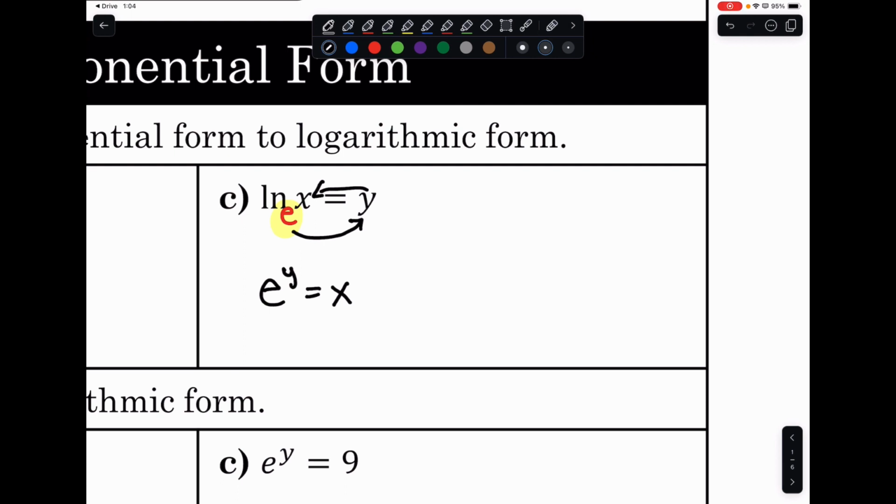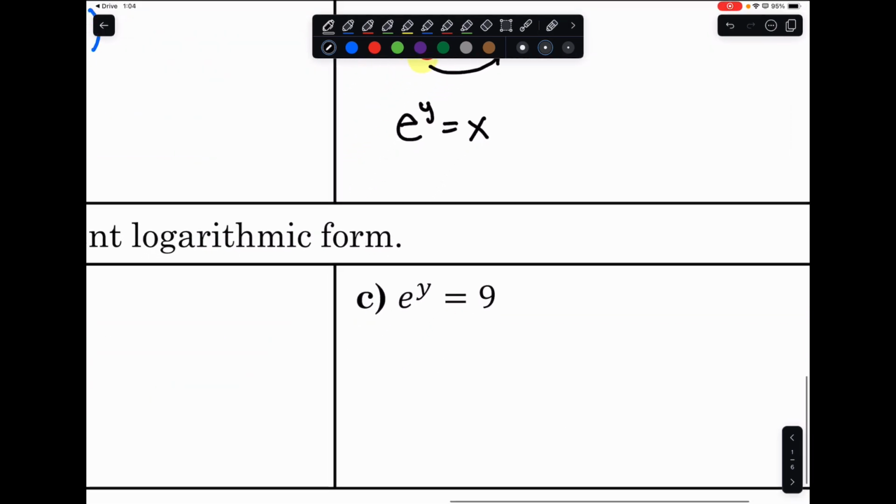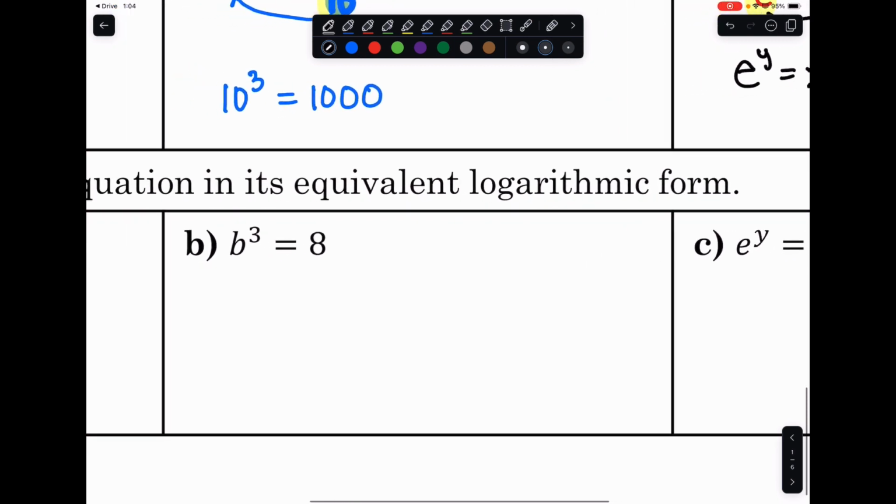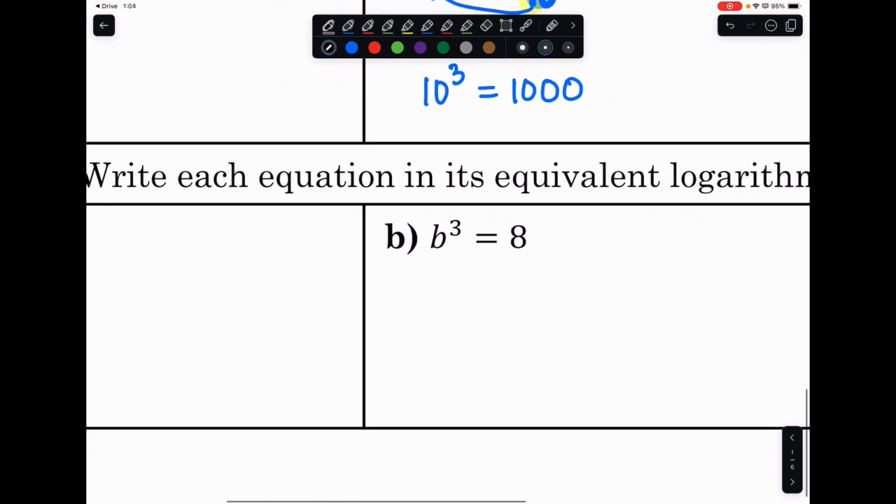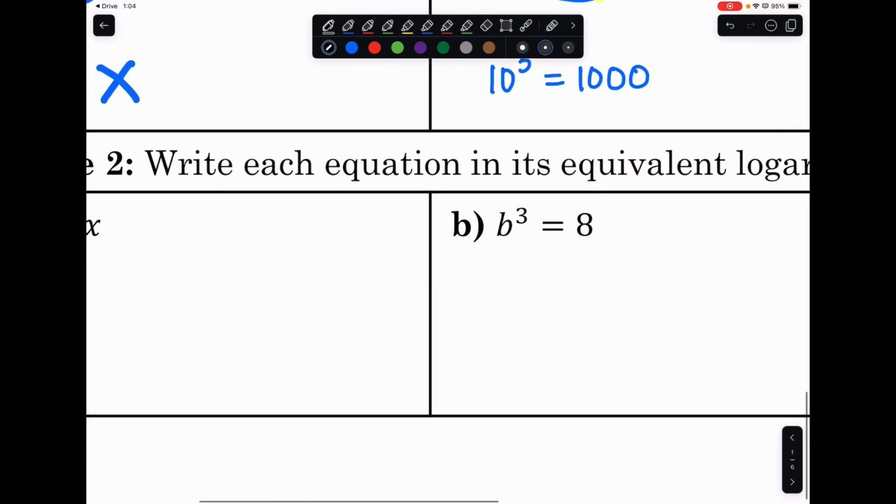Now remember, again, we are not changing the value of this thing. All we're doing is rewriting the equation into an equivalent form. That's all we're doing. So now let's work backwards. Let's convert the exponential equation into its equivalent log equation.